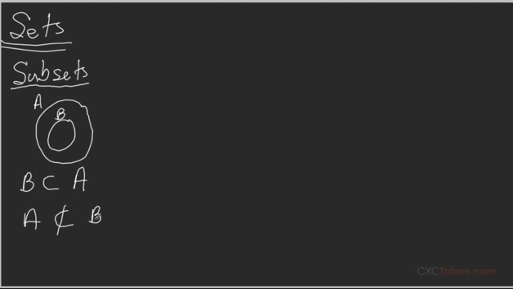Now, there's one important thing that we need to remember about subsets, and that is the null set, which is the empty set, is always a subset. It's a subset of every set. And so, just make a note of that, the null set is represented this way.